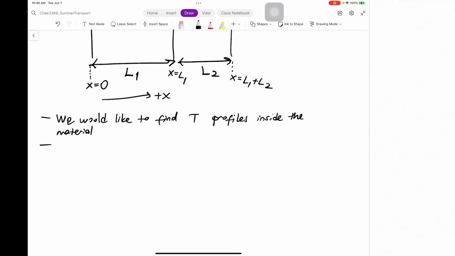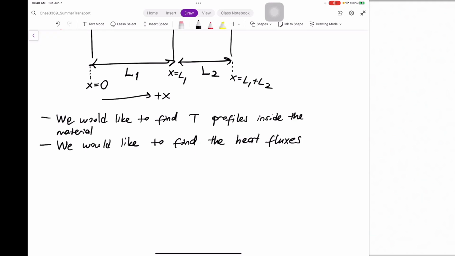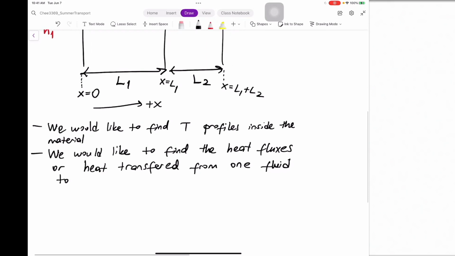And we would like to find, more importantly, the heat fluxes or maybe heat transferred from one fluid to the slabs, or from within the slab, or from the slab to the fluid. We're going to see that all are actually the same thing. Okay.